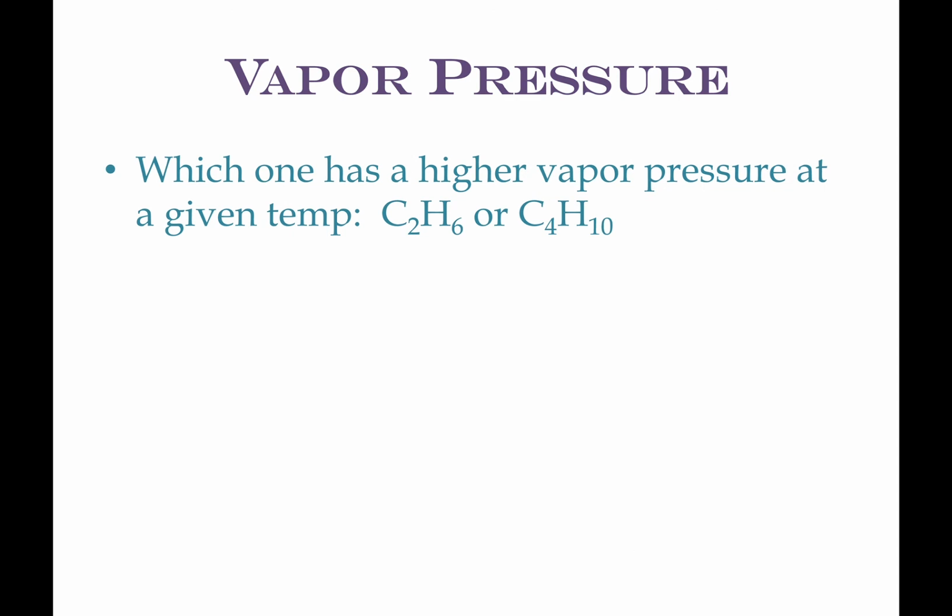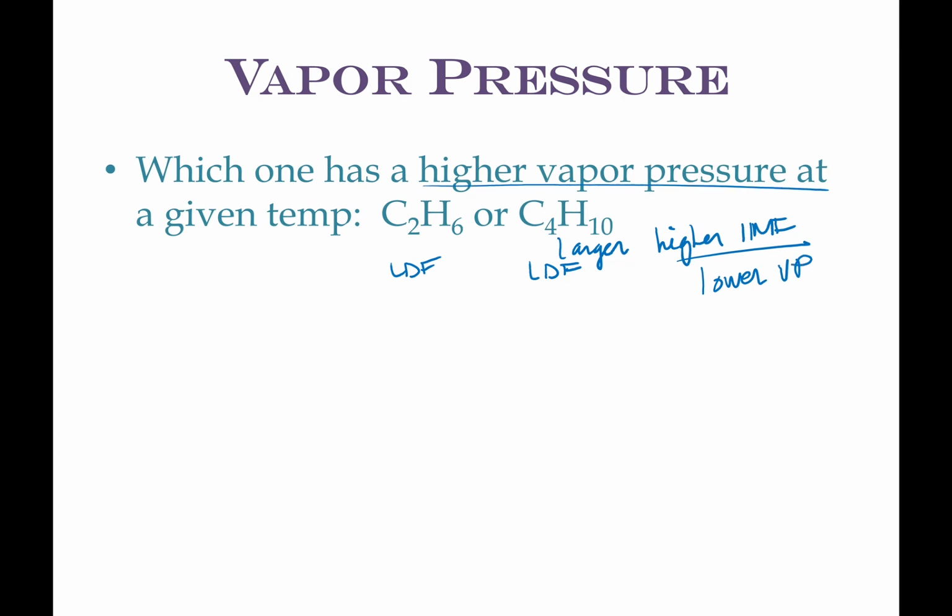So which of these would have the higher vapor pressure? Well, this one is larger, so it has higher intermolecular forces, because they both only have London dispersion forces. Higher intermolecular forces means it's going to have a lower vapor pressure. So the one with the higher vapor pressure would be the one with the weaker intermolecular forces.